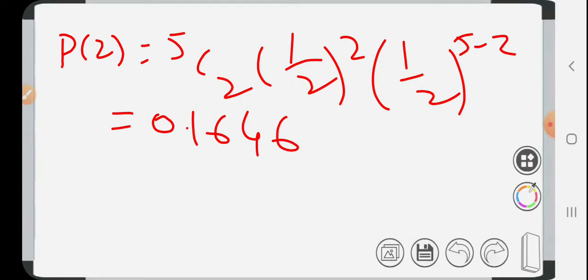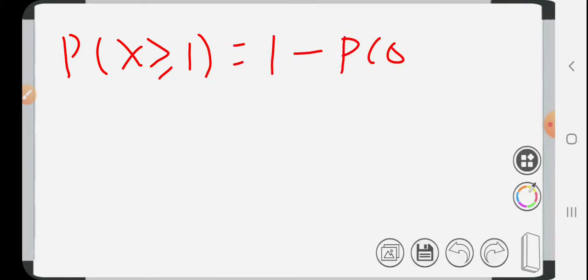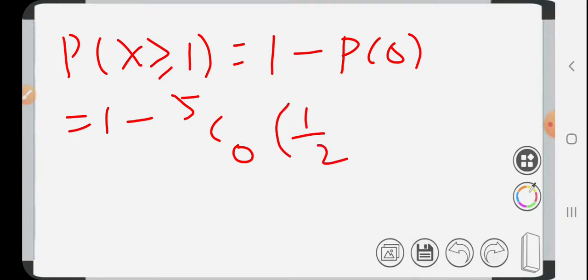And last one, at least 1 man. At least 1, P of x greater than or equal to 1. At least 1 means 1 minus none, P of 0. 1 minus P of 0. So 1 minus 5C0 into 1 by 2 raised to 0 into 1 by 2 raised to 5 minus 0, it is 5.